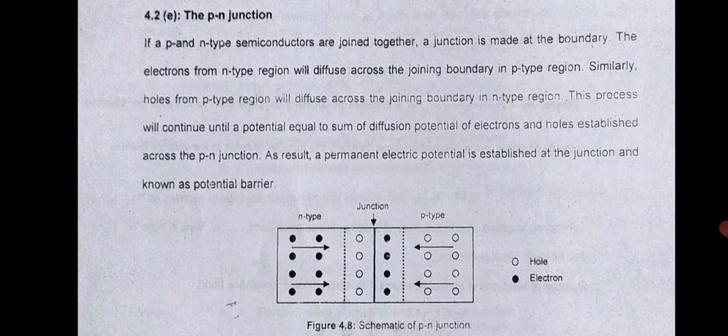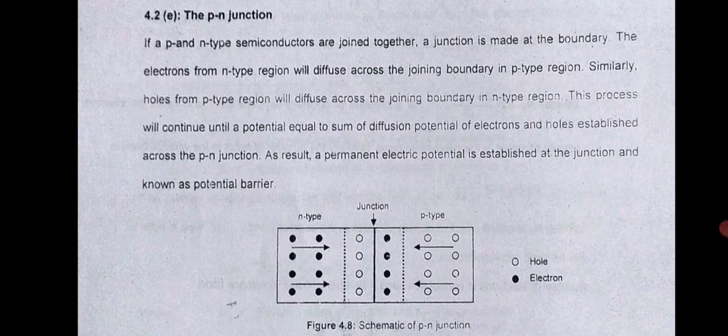This diffusion process continues until a potential equal to the sum of the diffusion potentials of electrons and holes is established across the p-n junction. As a result, a permanent electric potential is established at the junction, known as the potential barrier.